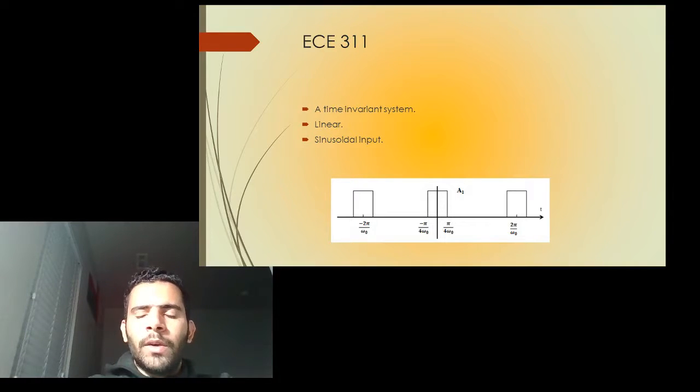So we can see here in the sketch the system is linear because it's obvious that it repeats itself over time and it's periodic.